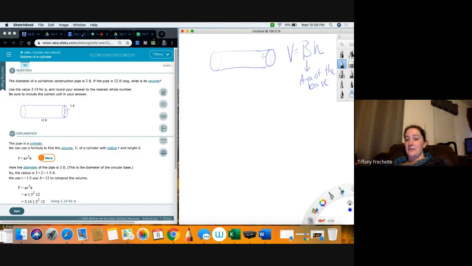Those are the bases. When I'm talking about base times height, what I want to know is the area of that shape. To find the area of a circle, you need pi r squared. Then to convert it to volume, we take this area and multiply it by the height.